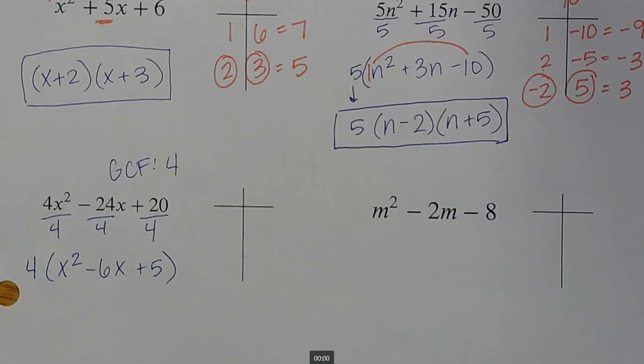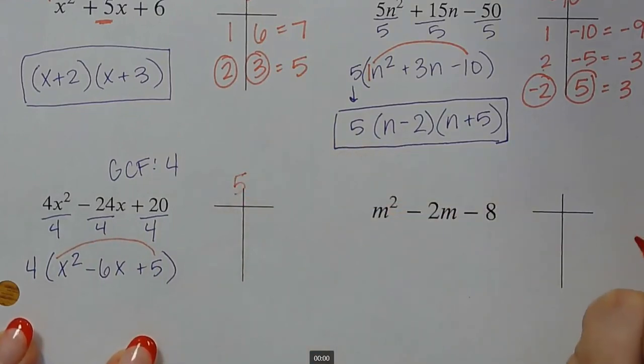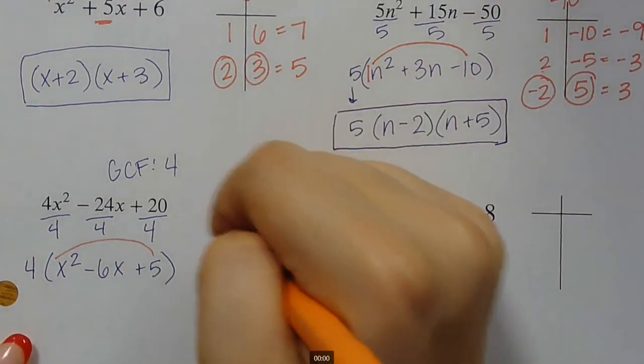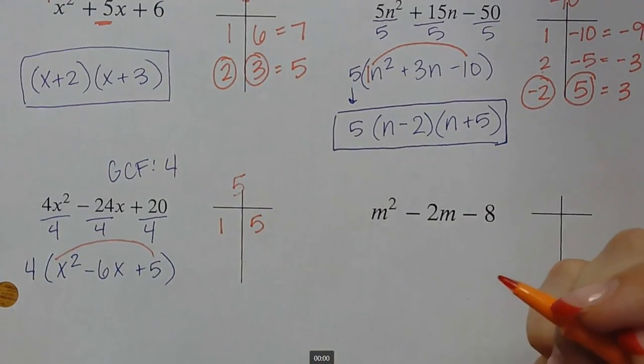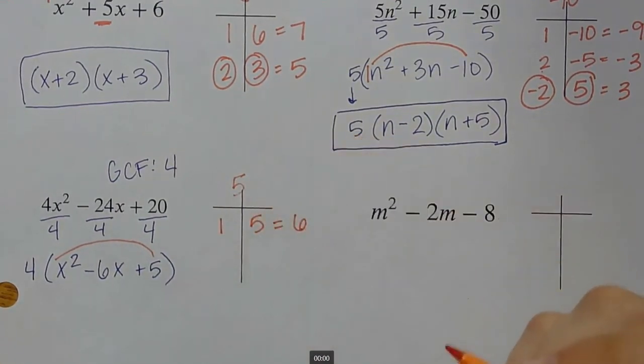So now we multiply a times c and find some factors that add to b. So a times c would be positive 5. Positive 5 is prime, so there's only two factors of 5, right? 1 and 5. So 1 times 5 is 5. 1 plus 5 is 6. So again, we have right number, but wrong sign. So what should I do?